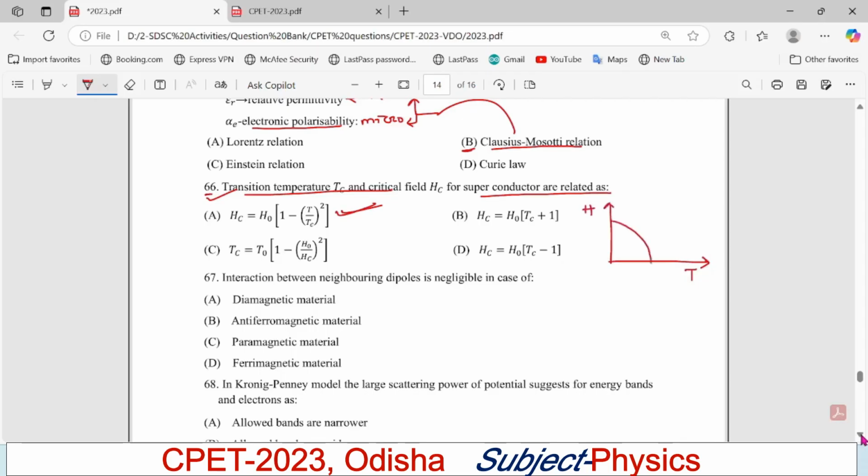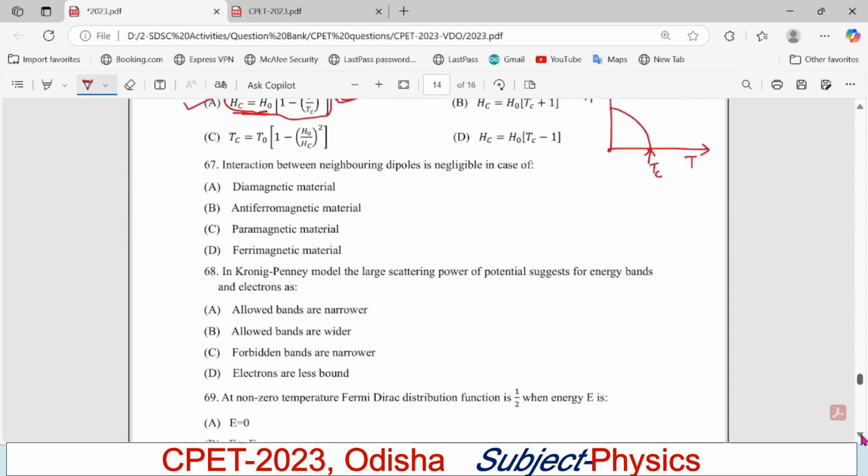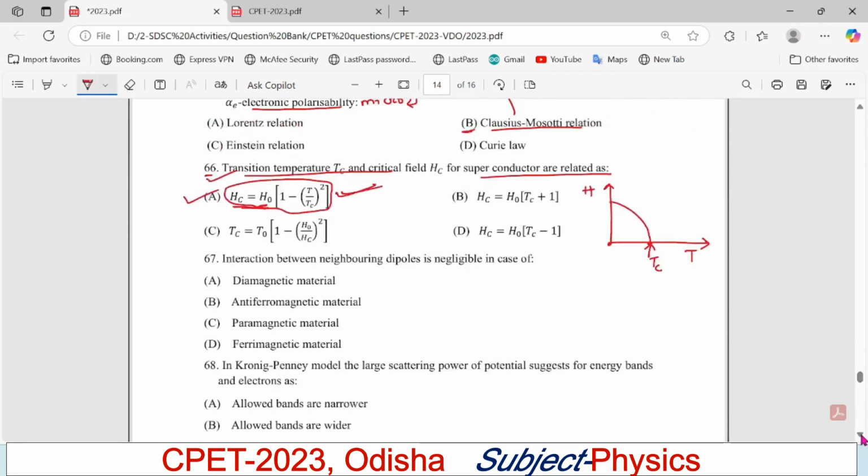At Tc, H equals 0, and if I put T equal to 0, then Hc equals H0. So this is the graph, and this expression you have to remember, because by using this formula you can solve many numericals for superconductors. So you just remember this one.